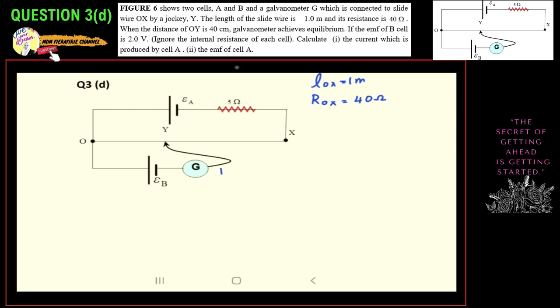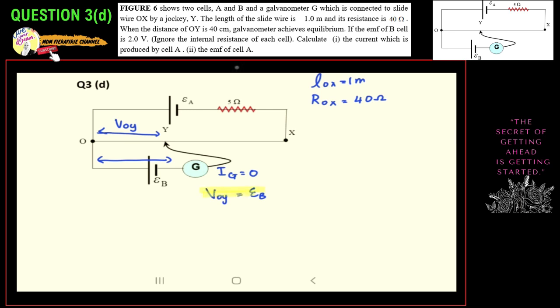Equilibrium means that no current flows through the galvanometer. Bila equilibrium, the voltage across OY, VOY, akan sama dengan EMFB. So saya tulis siap-siap: when IG is equal to 0, VOY is equal to EMFB.